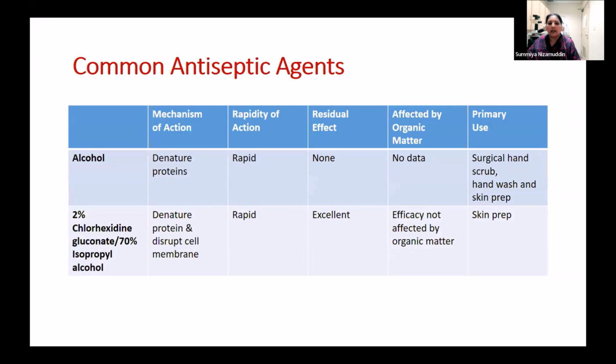Moving on. What are the common antiseptic agents that are used for skin disinfection? So the way to go is कि एक दफ़ा आपने site identify कर ली, जहाँ पे आपने pick करना है, you have to clean that area with alcohol.